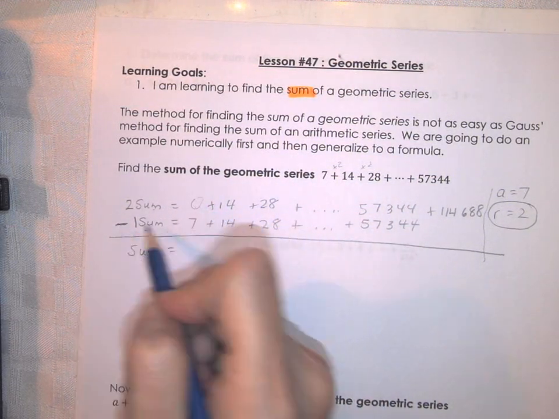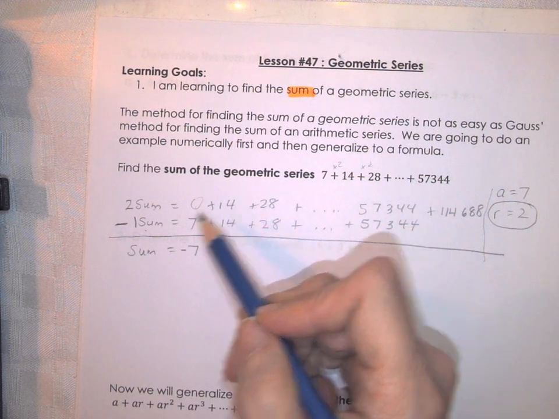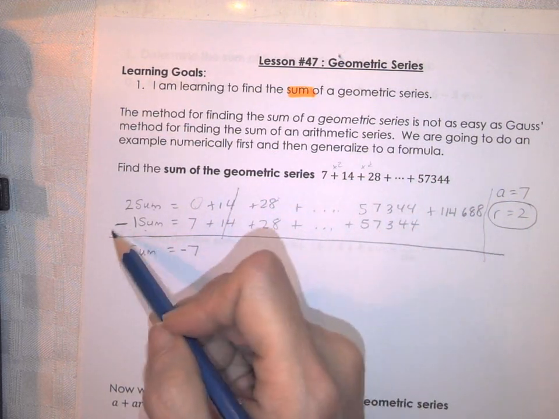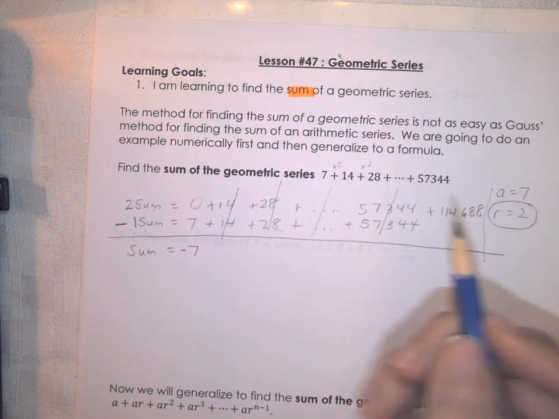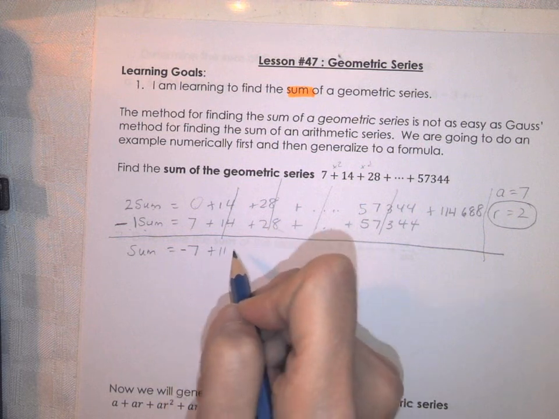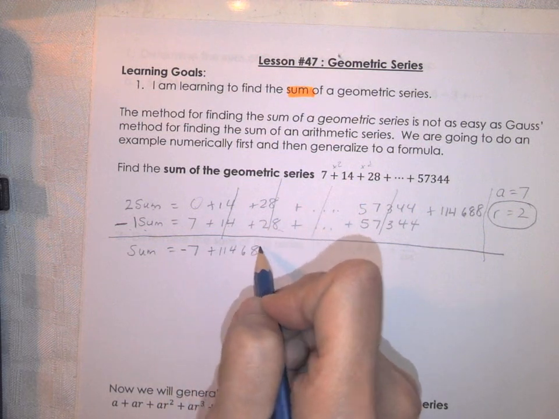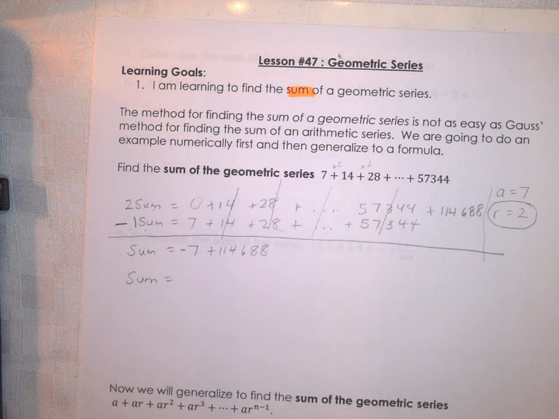So 0 subtract 7 is negative 7. And now 14 minus 14 is 0. 28 minus 28 is 0. All of these will cancel out except for this last one because we'd be subtracting 0. So we can get the sum by just adding negative 7.